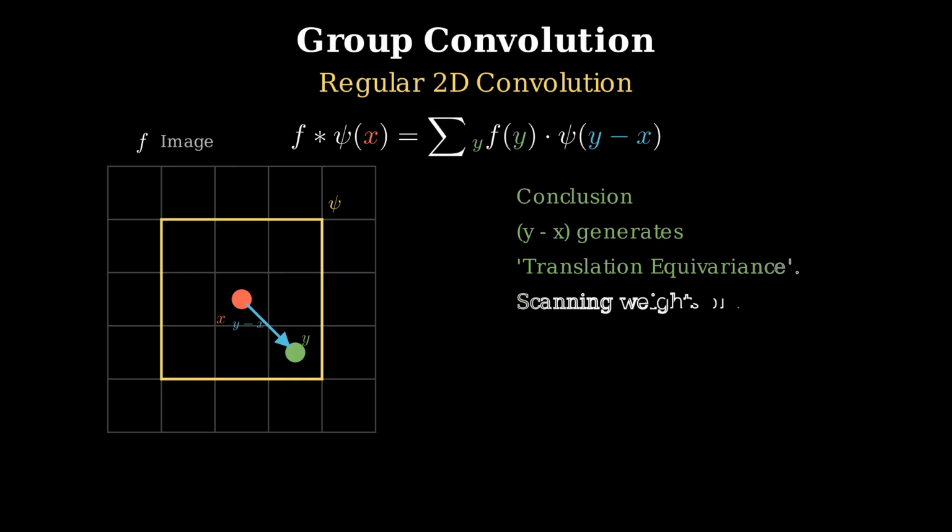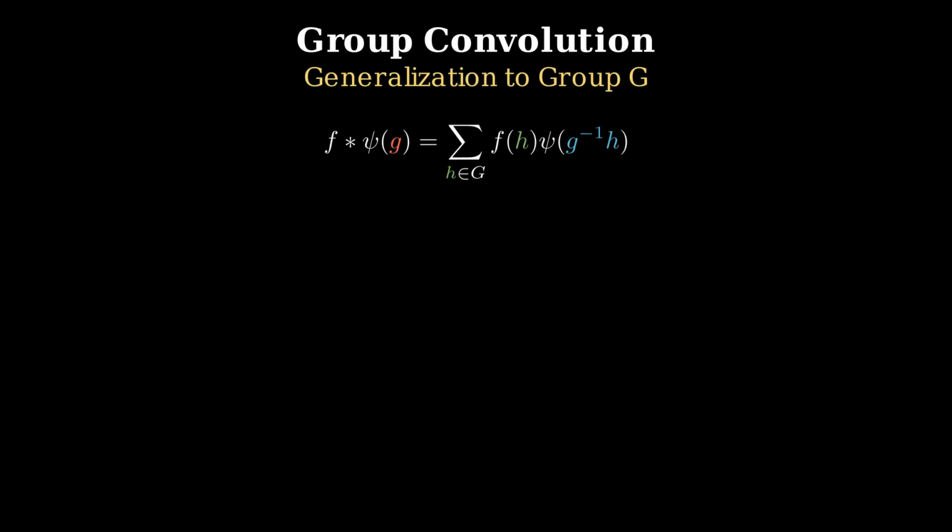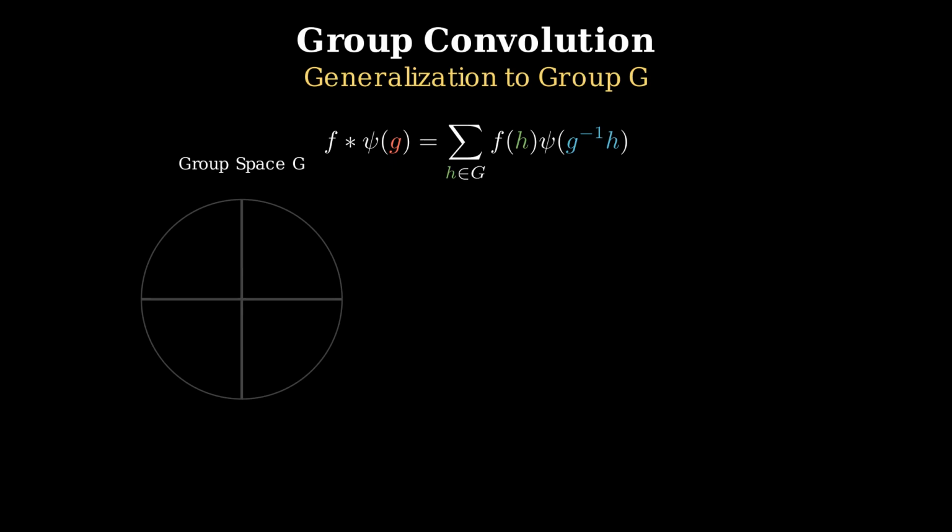The crucial insight here is translation equivariance. The filter weights depend strictly on the relative vector y minus x, not their absolute positions. Now, let's generalize this to an abstract group G. Notice how the subtraction y minus x is replaced by the group operation G inverse H. Imagine our group space represents rotations. Instead of position x, G represents our current filter's rotational state.